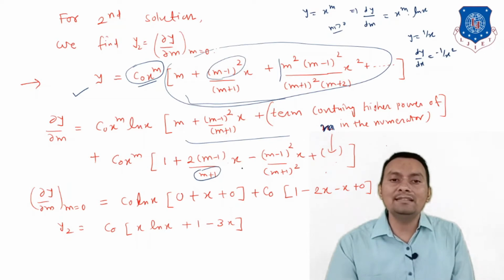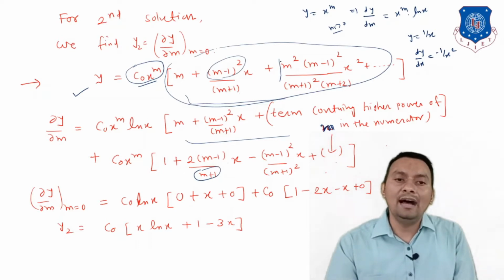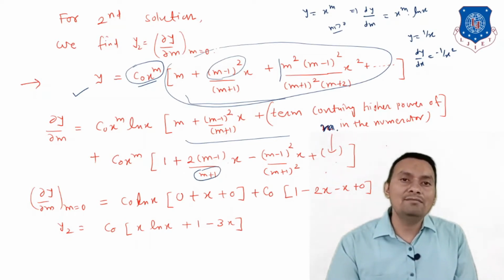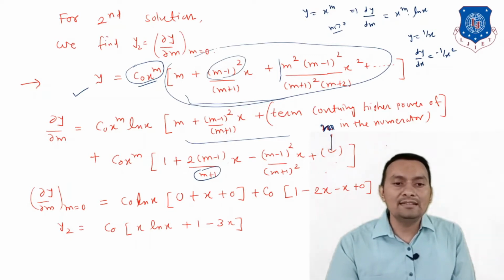So why not we apply the same argument, m minus 1 squared into x is there, 1 divided by m plus 1 is there, so it will be minus 1 divided by m plus 1 squared x, plus, and whatever derivatives you take, each and every term containing a power of m will be in the numerator. So therefore we just write this same statement over here.